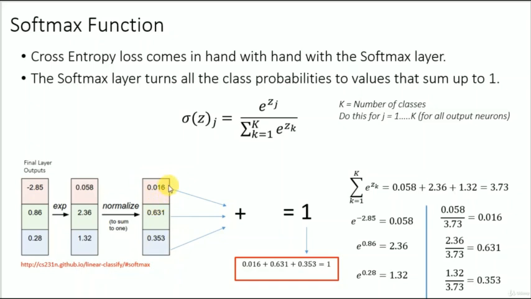So if you add them all up, 0.016 plus 0.631 plus 0.353, you get 1. So what happens here is that your output values, all of them, they get converted to probabilities that sum up to 1. Now, how is that really useful for our deep learning application?